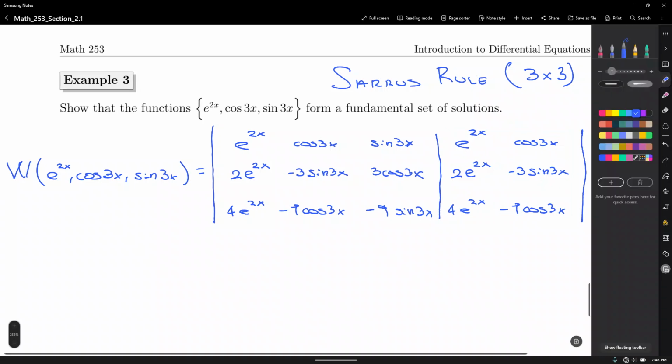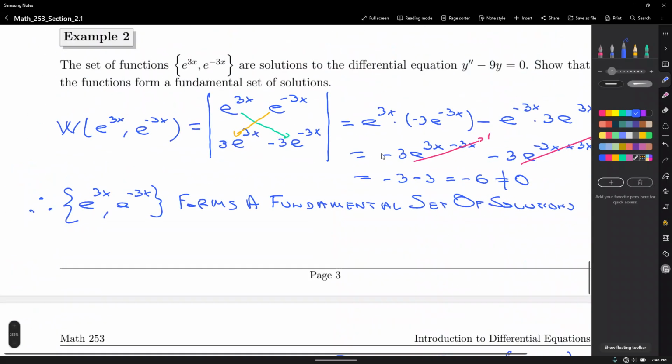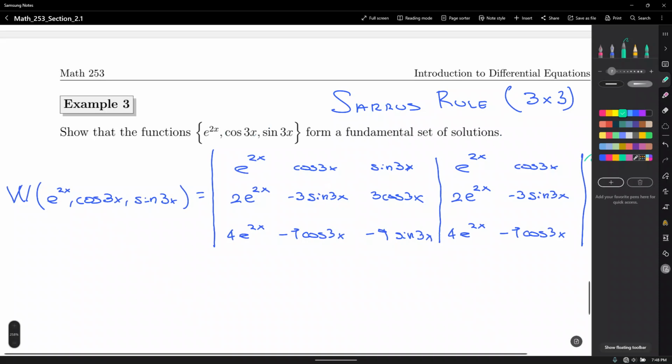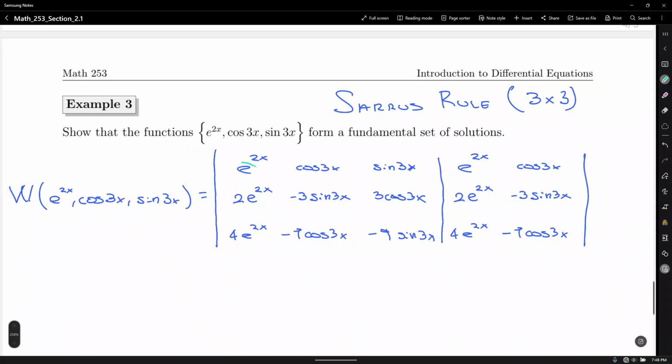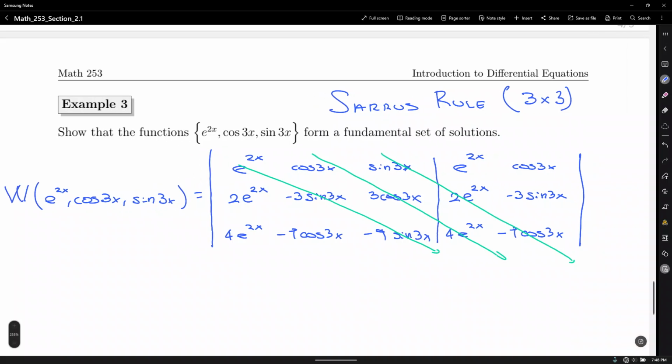So just in a similar way that we did the 2 by 2, I'm going to use green arrows to multiply all the elements along the main diagonals, like this, like that, and like that. Okay, so let's see what we get about this product.